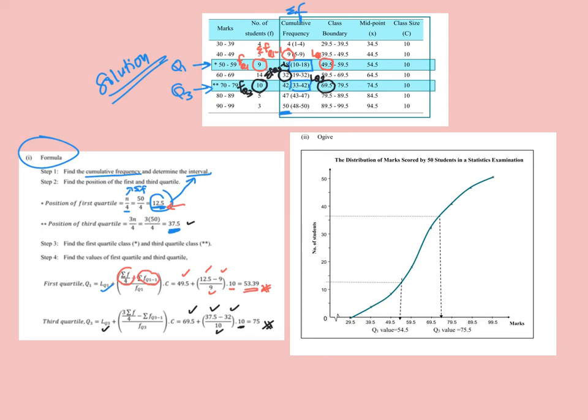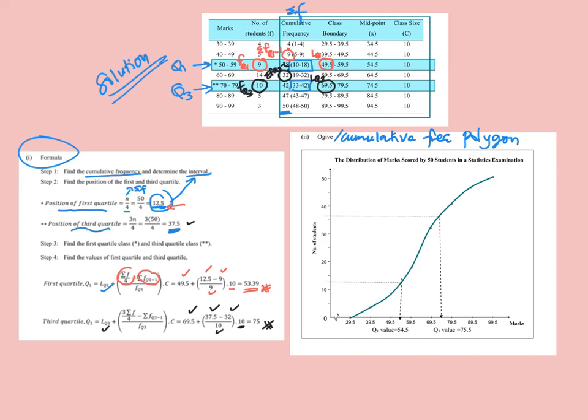Let's say the question asks you to draw the cumulative frequency polygon, or ogive. Let's say you already have this graph. To find the value, first you need to calculate the position of the first and third quartile.